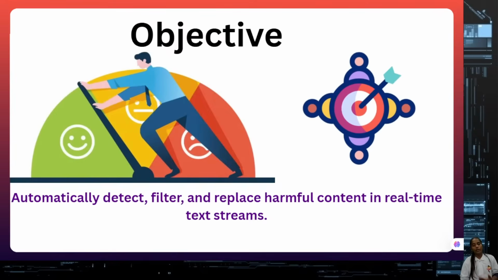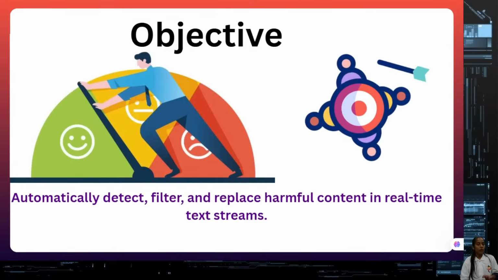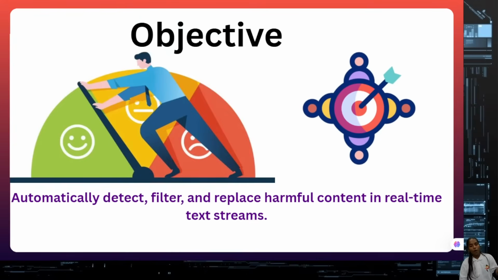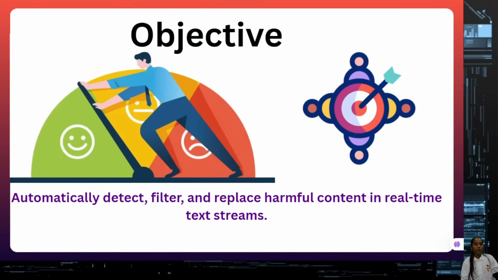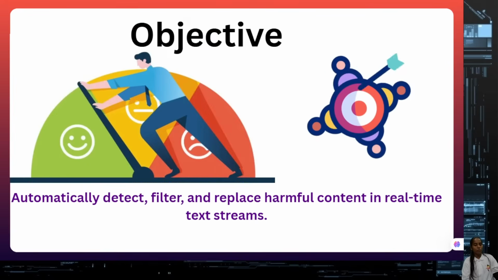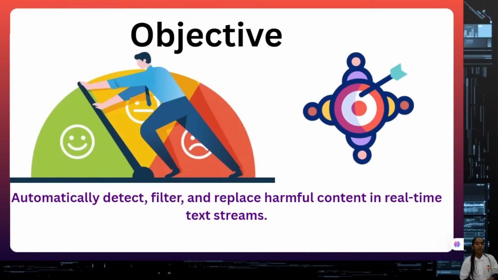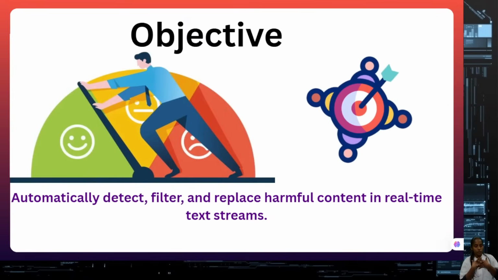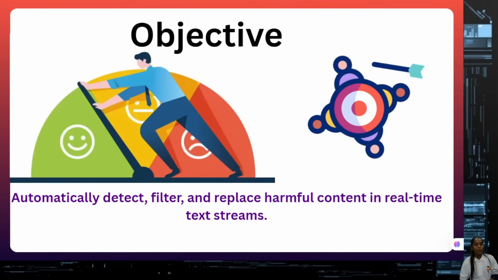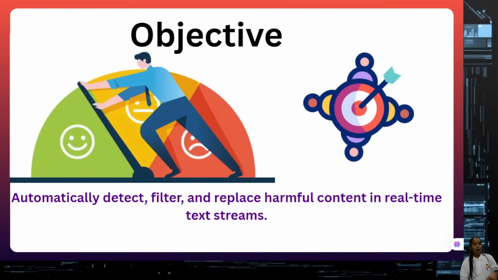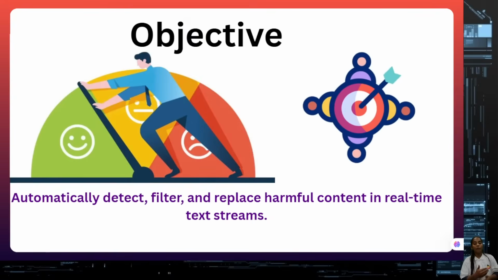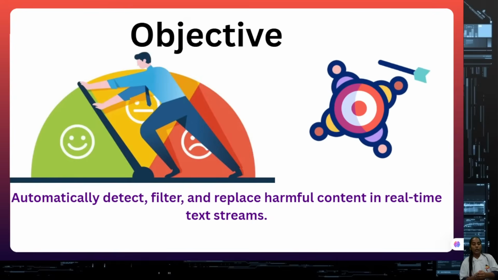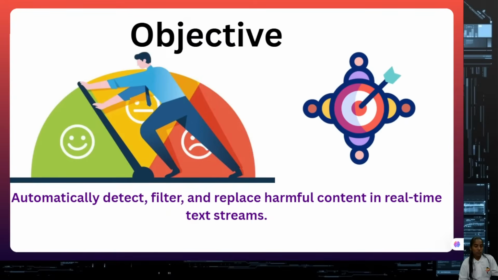I just want to take the problem statement as my use case and work on it. What do you need exactly? My main objective for this concept is to automatically detect negative text, filter it, and replace that harmful content in real-time text streams.